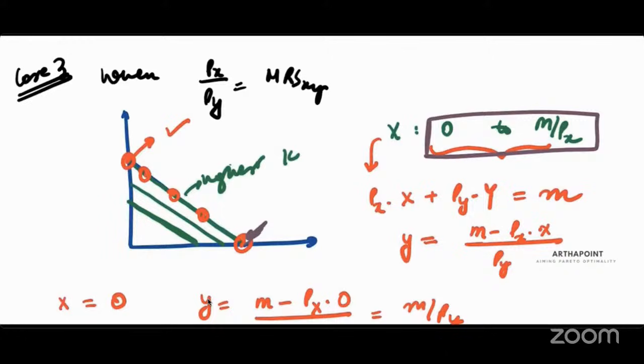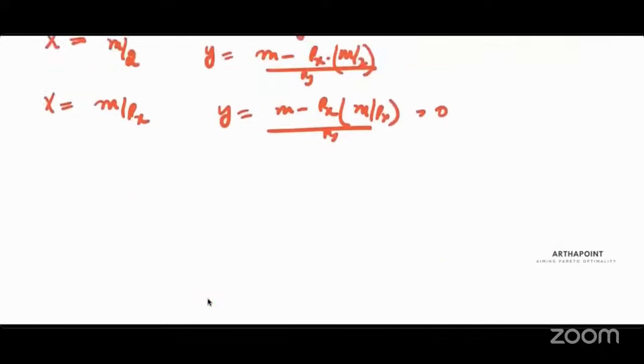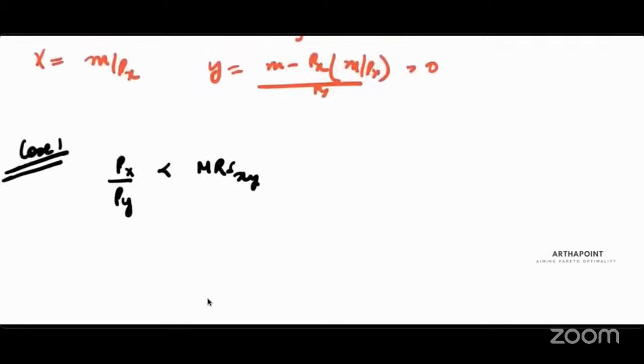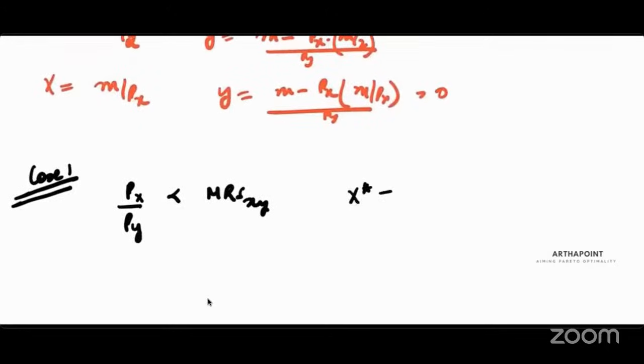So we have 3 cases in totality. Case 1, when Px by Py is less than MRS XY, in which case you consume only good X. So your X star becomes M by Px and Y star becomes 0.